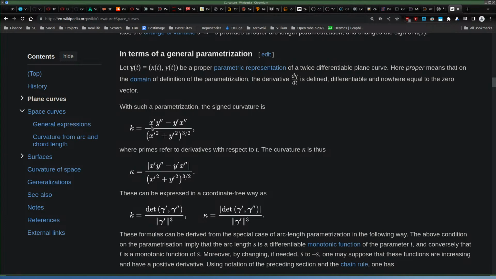Now this you see again x, y, y, x, and then a minus there. So this is the dot product between the x prime, y prime vector and the normal of the x double prime, y double prime vector.